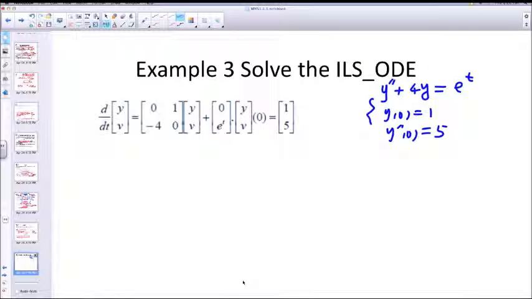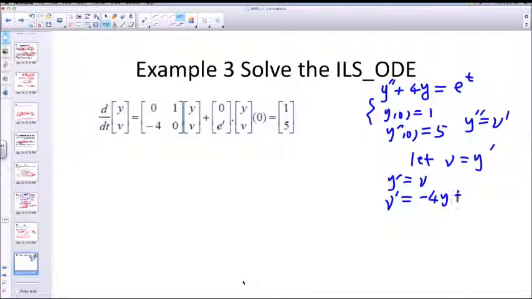So in this system, if I let v equal y prime, what you get is y prime equals v, and y double prime is v prime, and then v prime equals negative 4y plus e^t. That's what I have here. You have to write it into a matrix form.